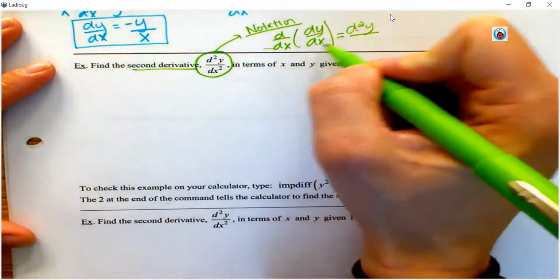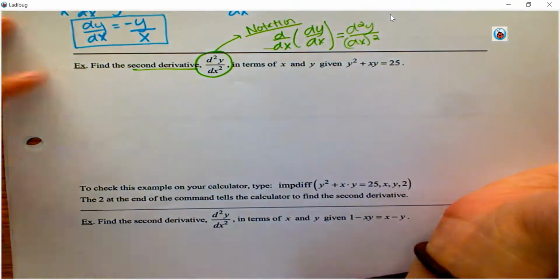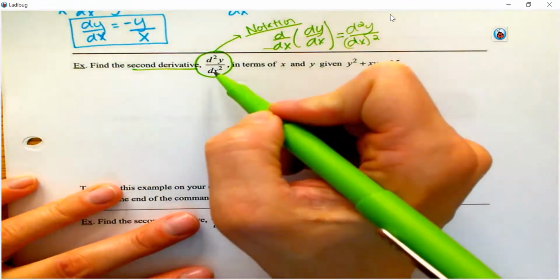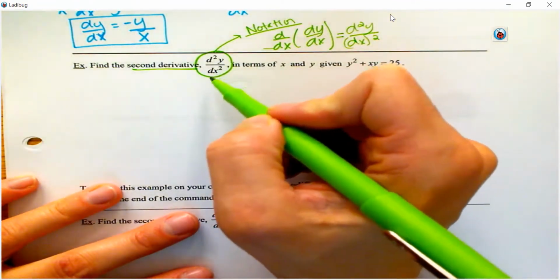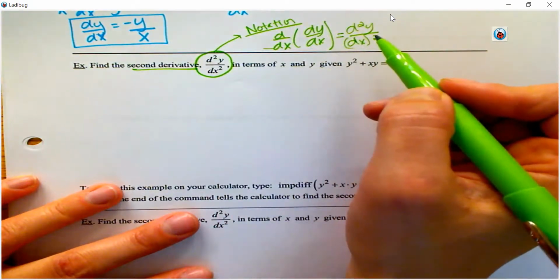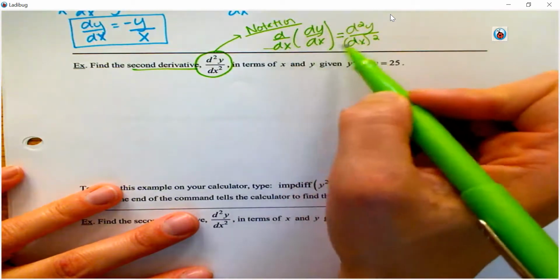Over dx times dx is actually dx squared. And somewhere along the line, for some reason, they just dropped off the parentheses, but d squared y over dx squared is where this comes from. Does that make sense? Sometimes it's easy to forget where the squared is. And if you think about it this way, I think it'll be easier to remember where it was.